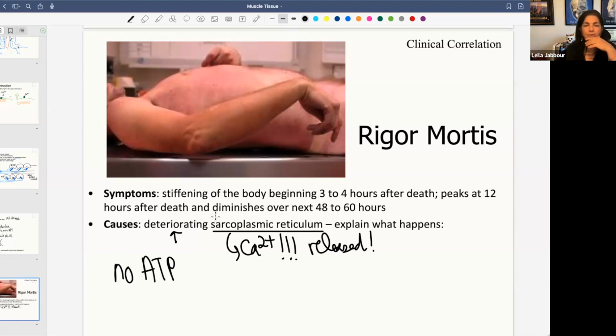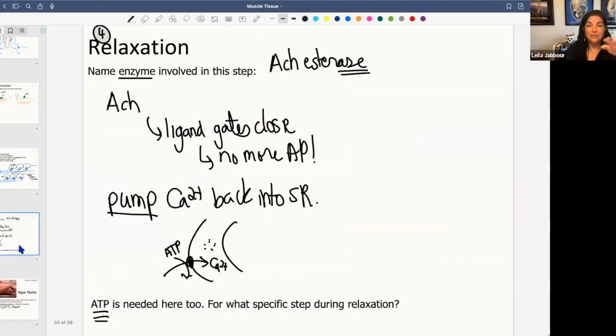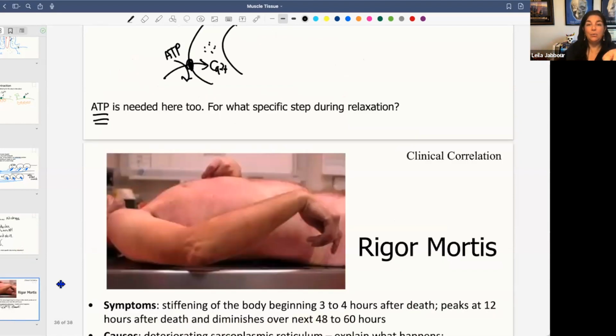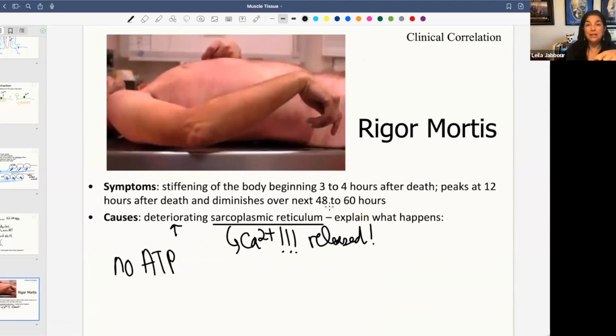How come this rigor mortis diminishes over the next 2, 3, 4 days? We just said there's no ATP. How can there be relaxation? So there's actually no relaxation per se. It's not the standard process of relaxation. When rigor mortis starts diminishing after 48 hours, it's because the filaments are disintegrating and coming apart from each other.